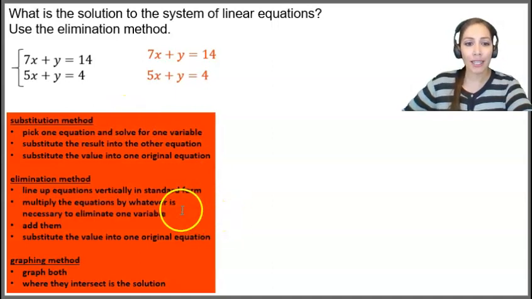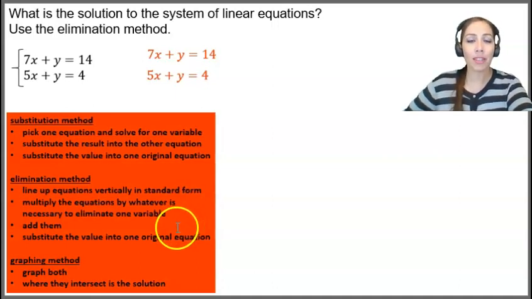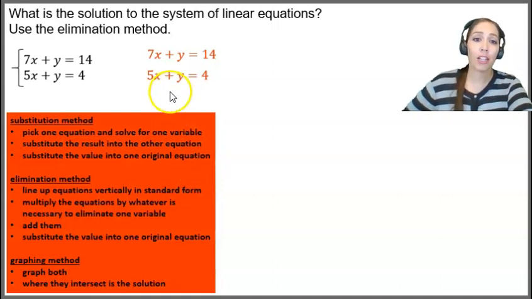Now, the second thing says to multiply the equations by whatever is necessary to eliminate one variable. When you're using the elimination method, you are eliminating one variable. I have 2 x's and 2 y's. I like to multiply just one equation if I can instead of both, but you can multiply both equations by something so they cancel out when we add them.